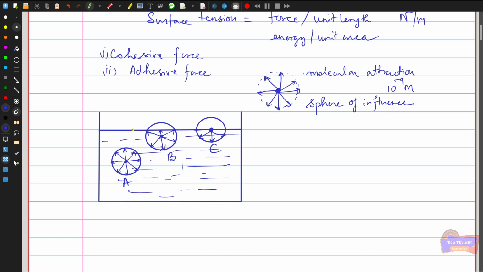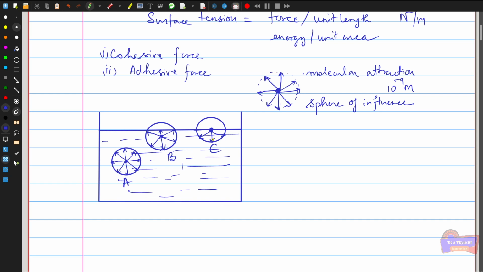If you try to explain surface tension in terms of energy, suppose a molecule is brought into the surface from the liquid. Work has to be done against this net downward force. This work is stored as potential energy in the water molecule, and it increases the potential energy of the surface.